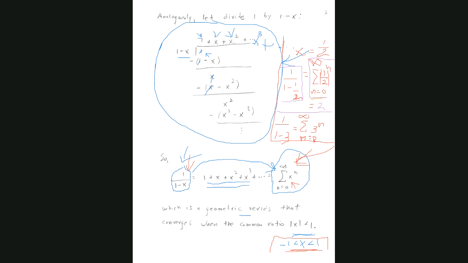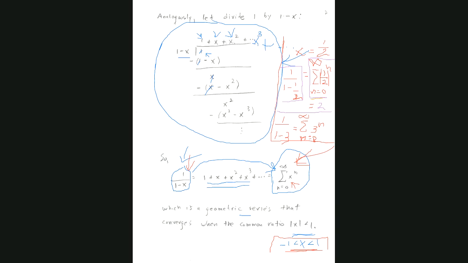You tell me, well, 1 over 1 minus 3 equals -1/2, right?